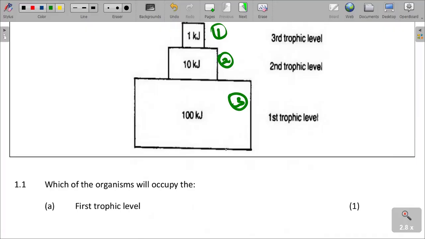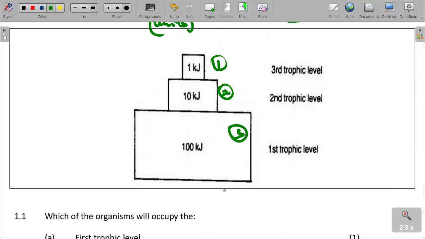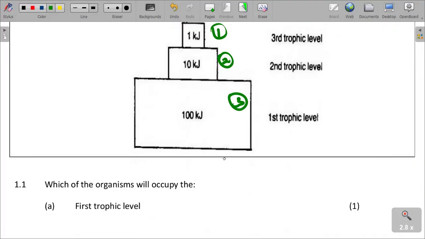Food chains and food pyramids are always part of our question papers, our evaluation and assessment.